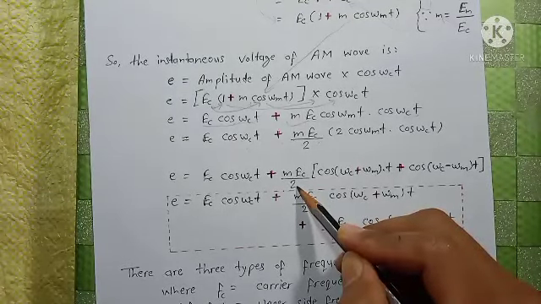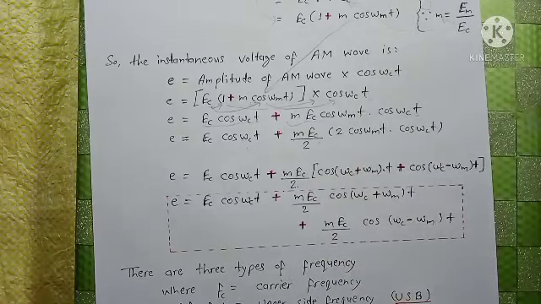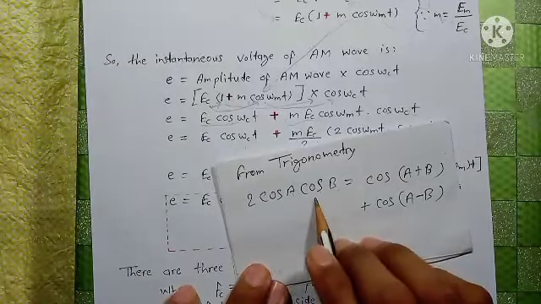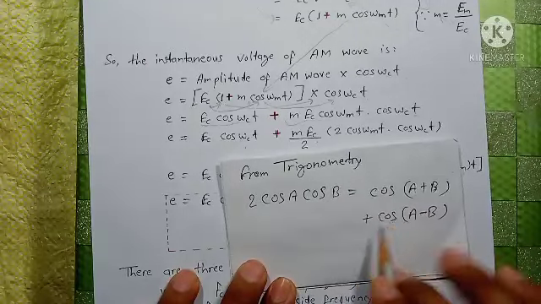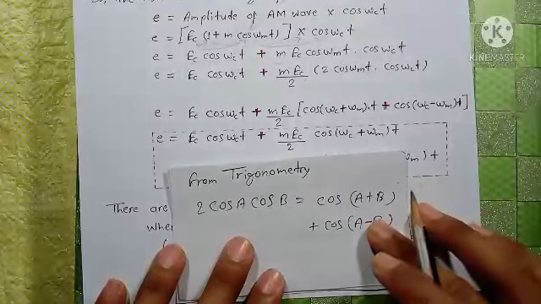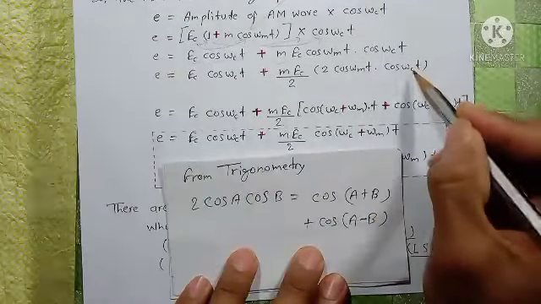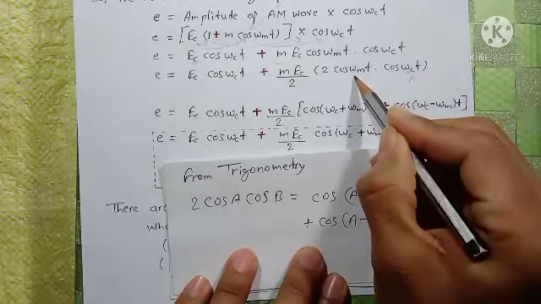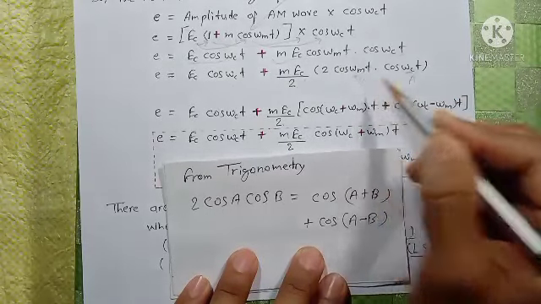And we know that from trigonometry we have the formula 2 cos a cos b is equal to cos (a plus b) plus cos (a minus b). So let us say that omega c is a and omega m is b.